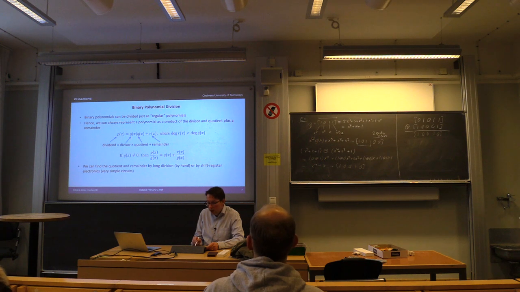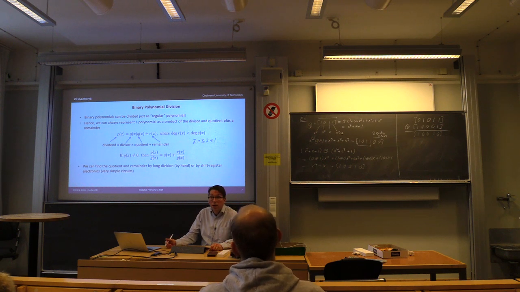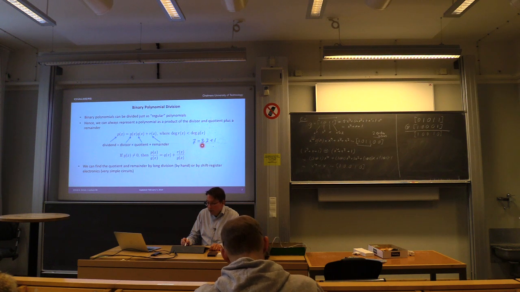Given p and g, there is a unique q and r that satisfy this, where the degree of r is less than the degree of the divisor. It's just like a regular 7 is 3 times 2 plus 1, right? Same thing, where the remainder here is less than the divisor, which was 3 in this case.